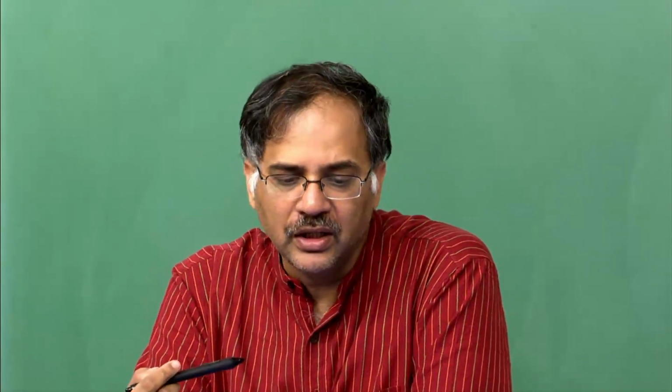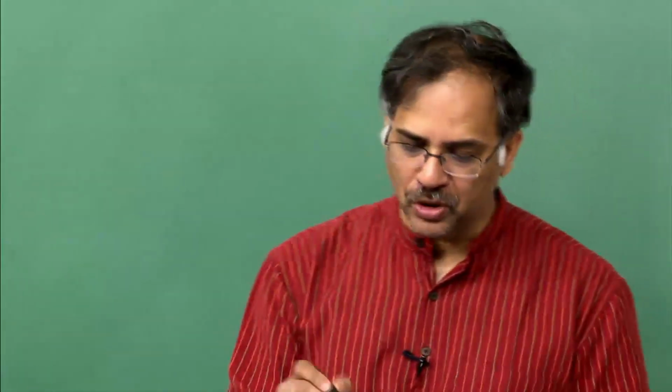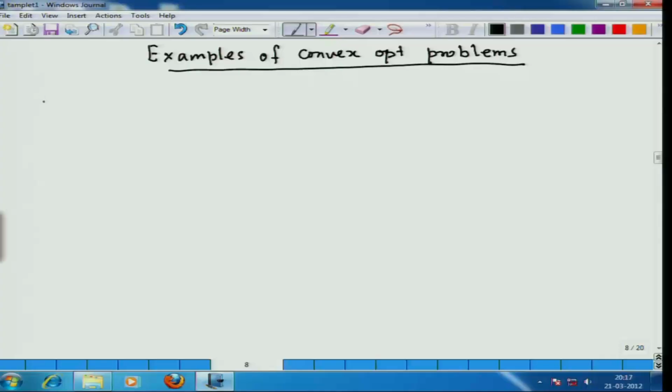Instead, let us look into some of the most important forms of convex optimization problems, the classes which have played a major role in applications, because these are the classes of problems which appear repeatedly in applications. So, one of the most important classes of problems, possibly known to many of the viewers viewing this talk, is the class of linear programming problems.